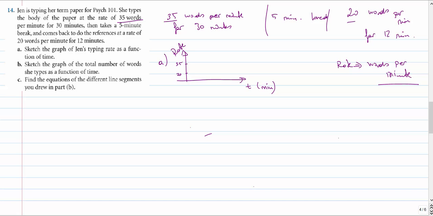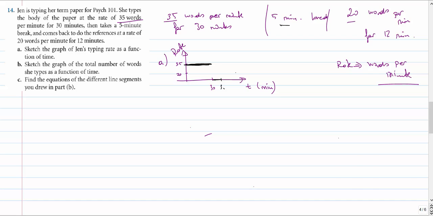So for 30 minutes, I typed straight out. There's no increase or decrease in the slope, right? The rate didn't change. And then I took a 5-minute break. So this is 35. I did not type anything. No rate. Rate is 0.